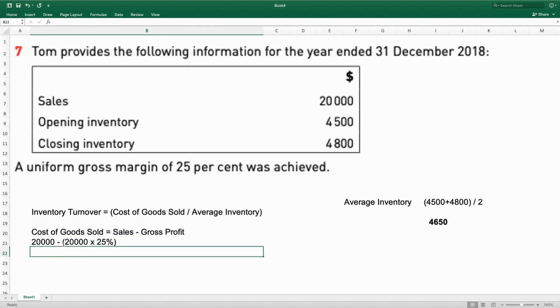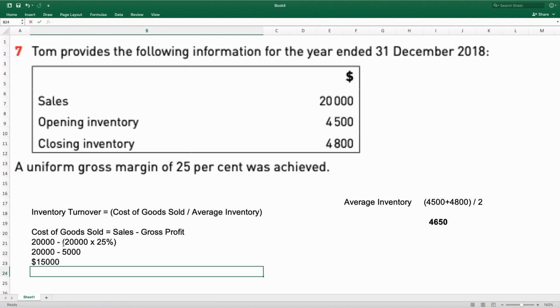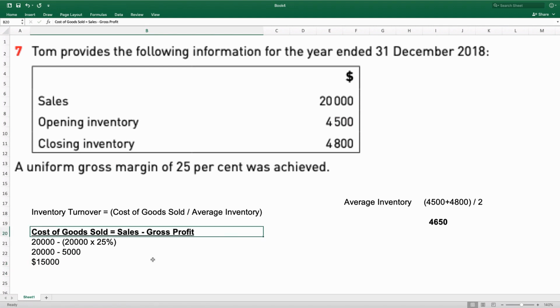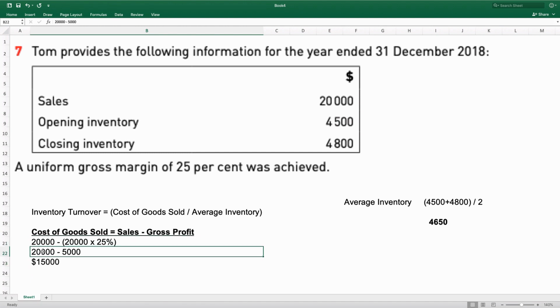Clear? So you will get 20,000 minus 5,000. So your cost of goods sold will be $15,000. This is how I got cost of goods sold: sale minus gross profit. 20 minus 5, 15,000 I got.